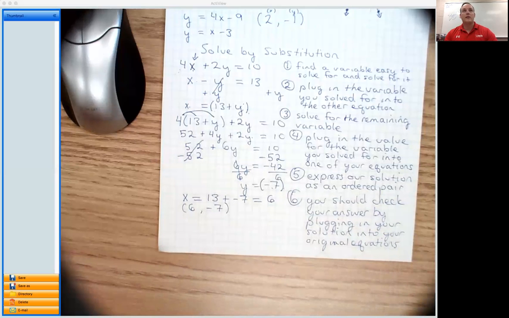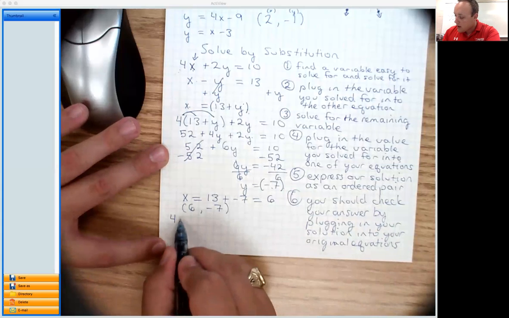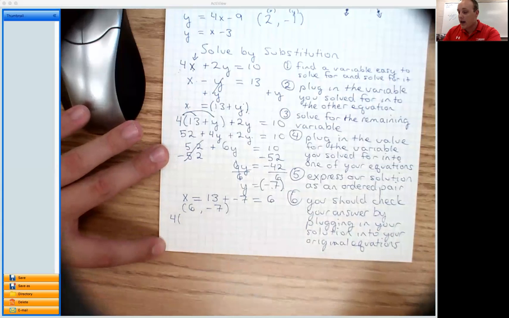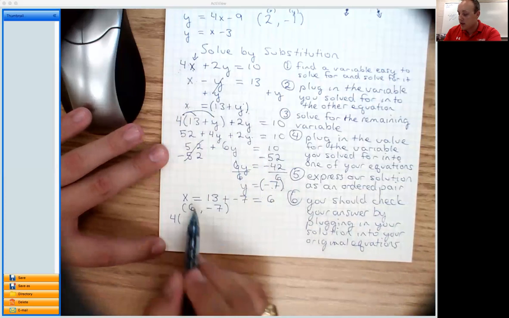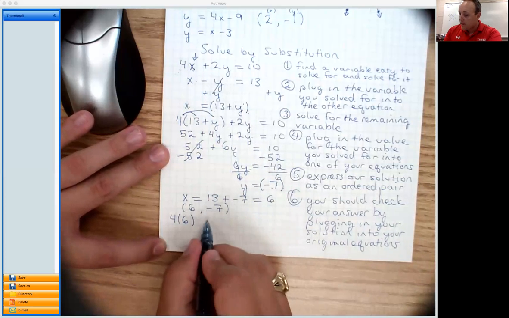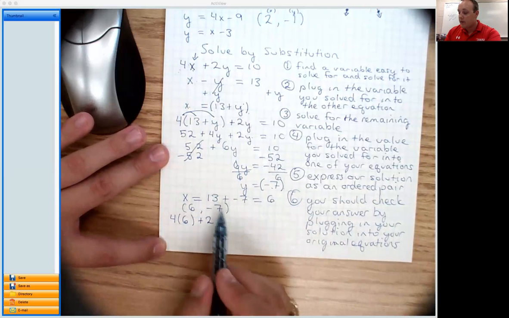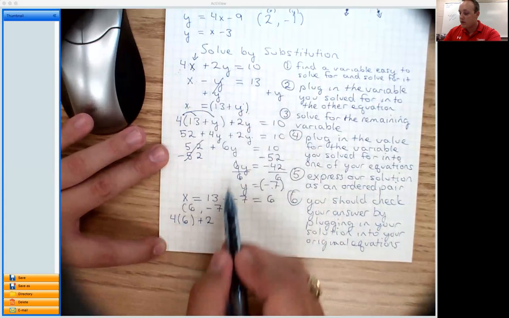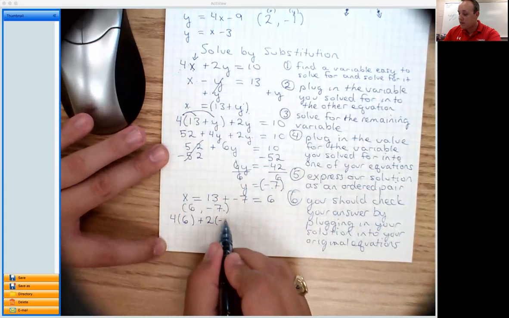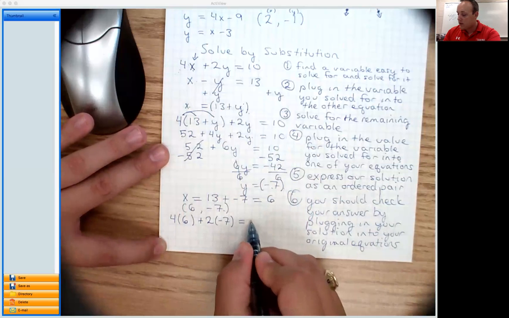Okay, so let's see. My top one, I have 4 times x, which is 6, plus 2, and I have my y value, which is -7. And let's see if that equals 10.